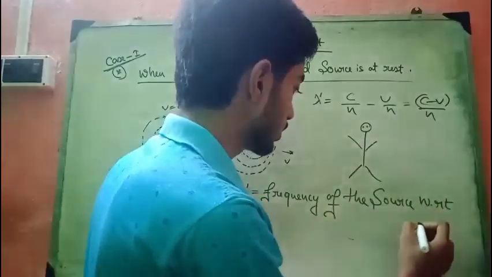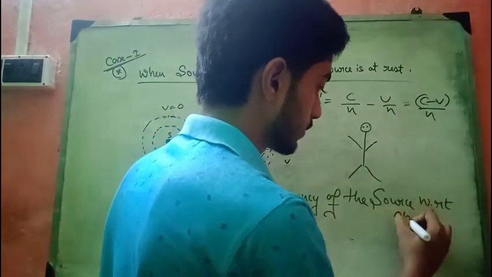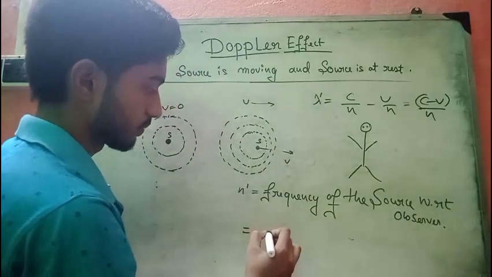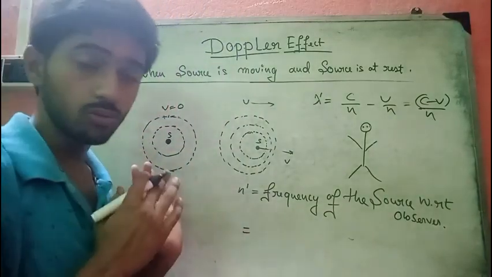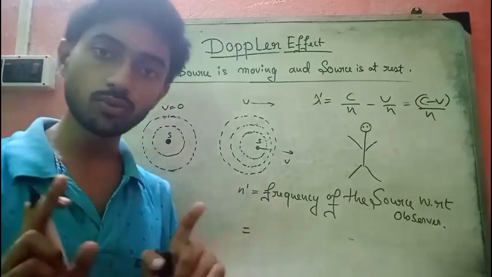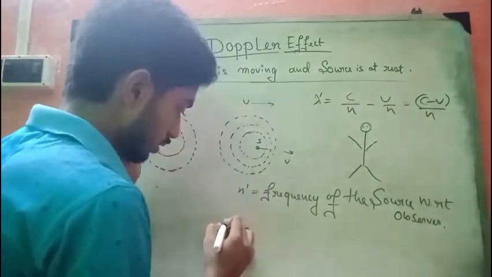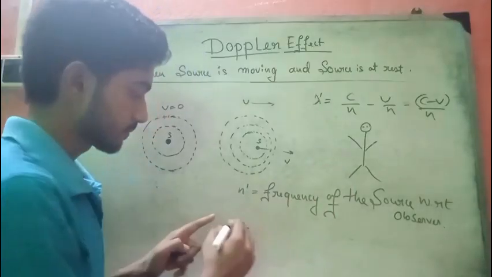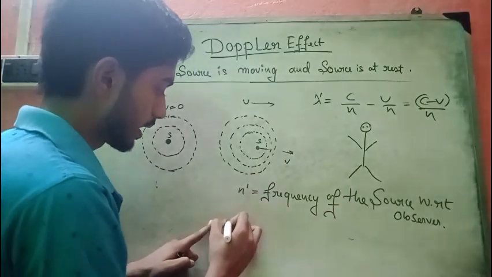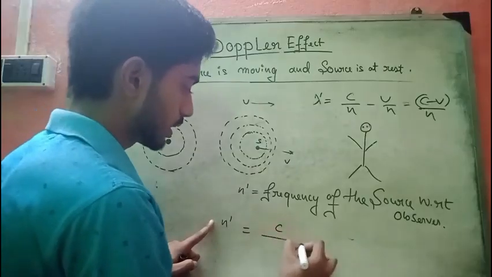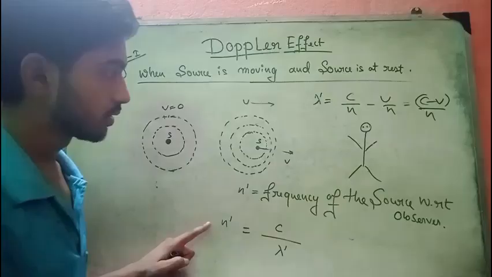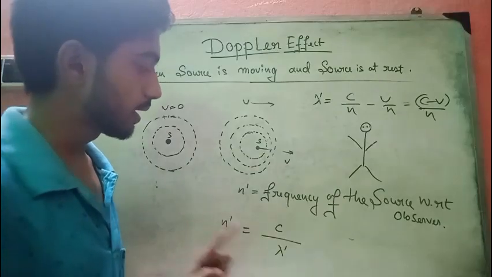Now the frequency of the source with respect to the observer: the velocity of the wave is fixed. So the frequency of the wave with respect to the observer, n dash, equals c by lambda dash.